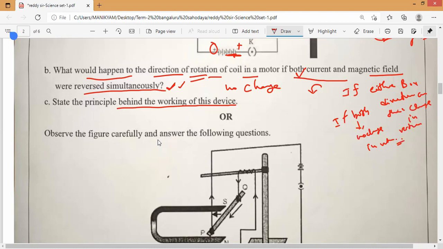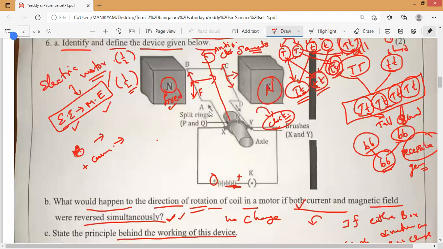What is the principle behind, guys? As I already told you, a rectangular coil is placed between the poles of a horseshoe magnet. Because of the force acting on the coil, it rotates continuously. So that is the principle of the electric motor.